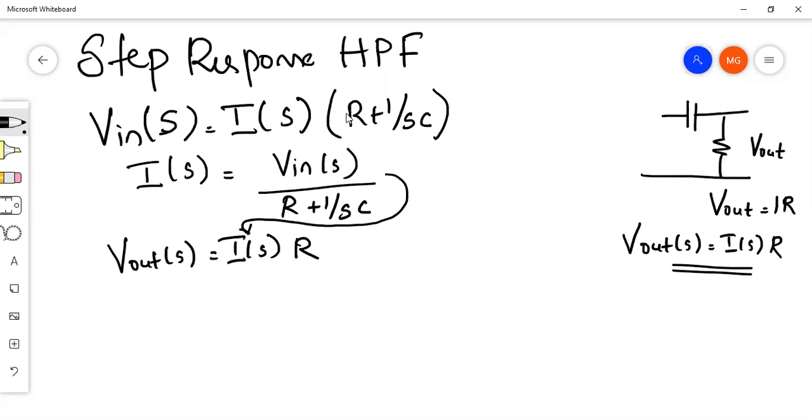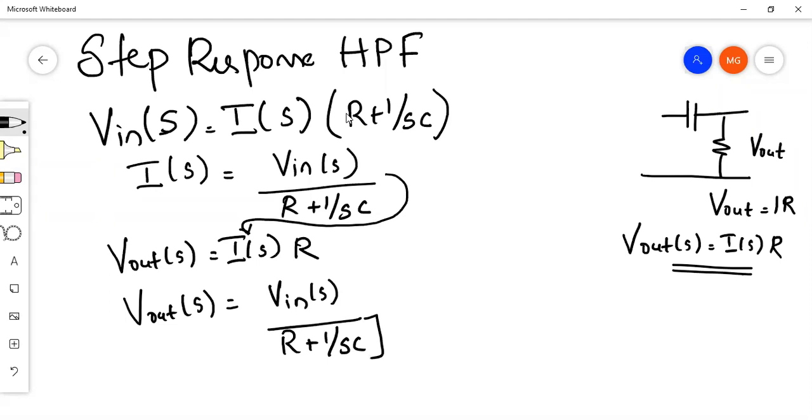Then I can write V out of S equal V in of S divided by R plus 1 by SC, into R. This is the value of I of S into R.